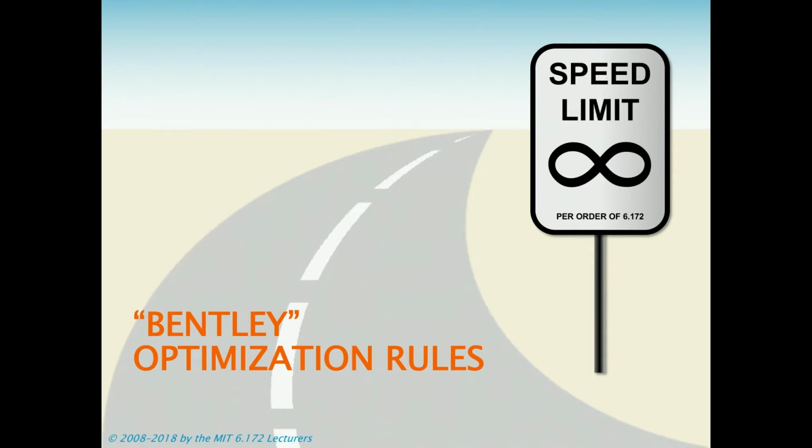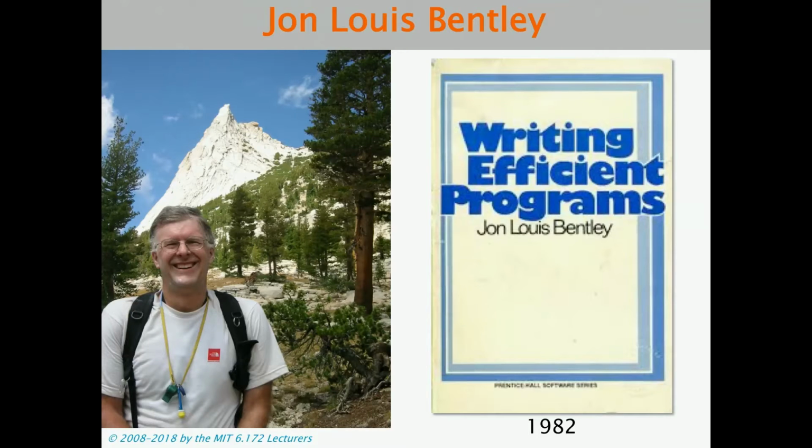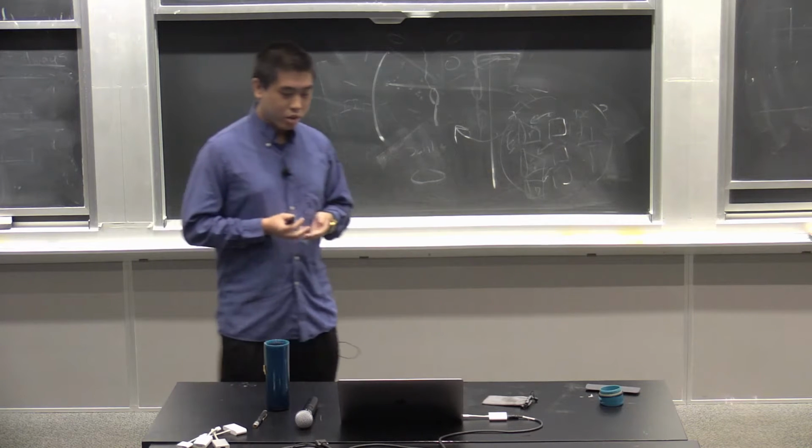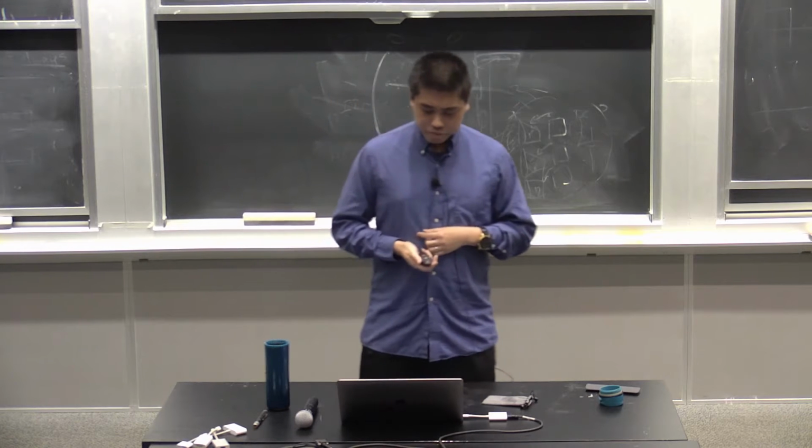The rules that we'll be looking at, we call them Bentley optimization rules in honor of Jon Louis Bentley. Jon Louis Bentley wrote a nice little book back in 1982 called Writing Efficient Programs. Inside this book, there are various techniques for reducing the work of a computer program. If you haven't seen this book before, it's very good, so I highly encourage you to read it.